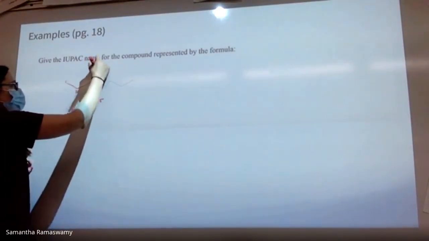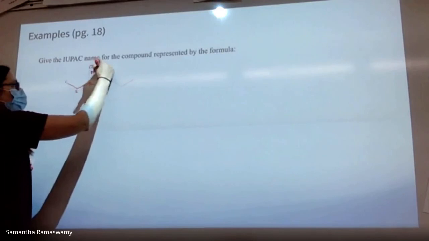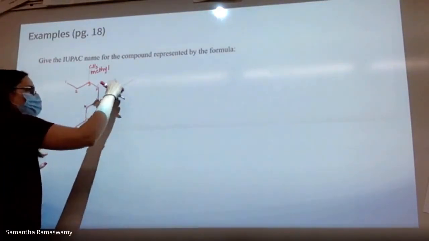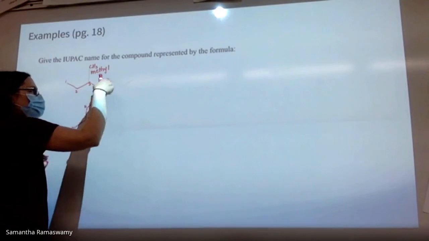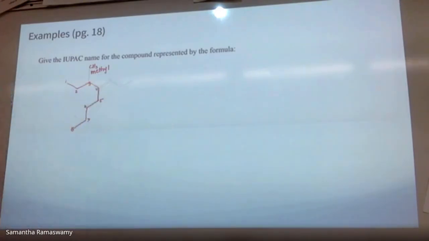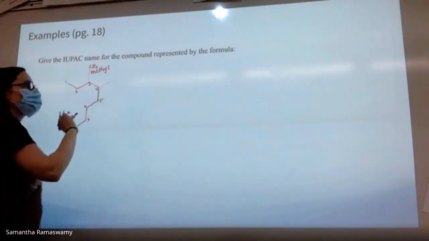That's a CH3 group. That's a methyl group. Off the 4th carbon, there's a substituent. Off the 4th carbon, there's 1, 2, 3 carbons attached at carbon 4. Now, what I want you to focus on is how these 3 carbons are in a straight line.